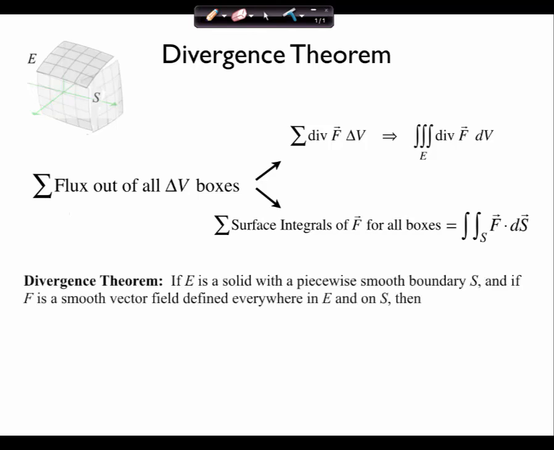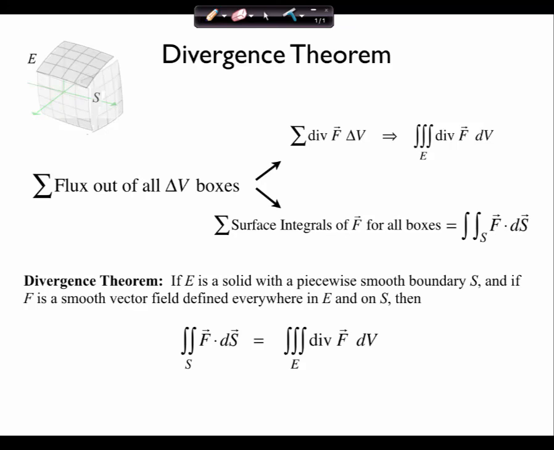So therefore, they're equal. The divergence theorem says that if E is a solid with a piecewise smooth boundary, and F is a smooth vector field, then the flux out the shell of S is the same as the triple integral of the divergence, which you think of as summing up all the flux out of all the individual tiny boxes inside.